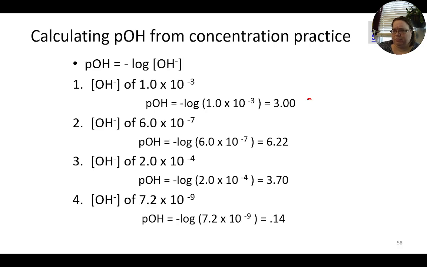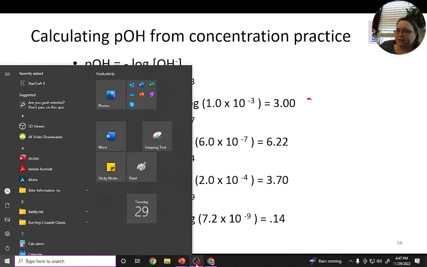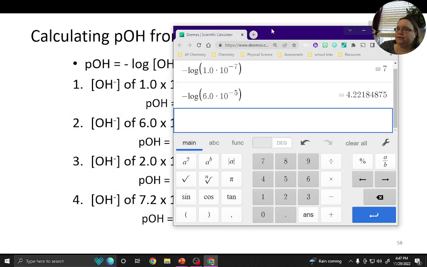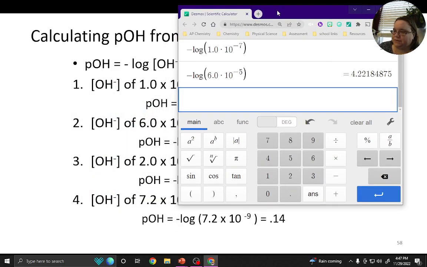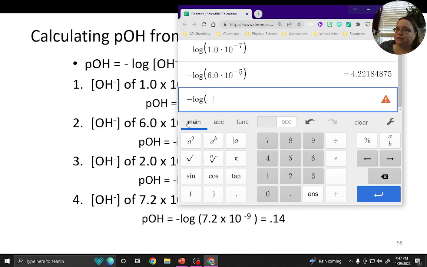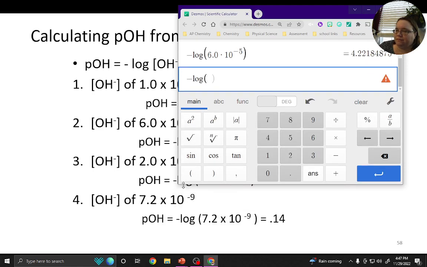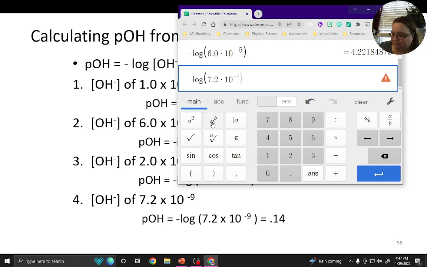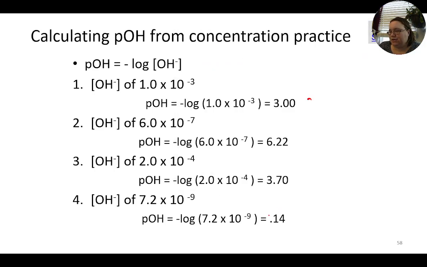That's not right. There's a number missing. Something's not correct. Handy dandy calculator. Negative log 7.2 times 10 to the, gotta have that negative there, negative 9. There we go. 8.14. See, I knew there was something missing.